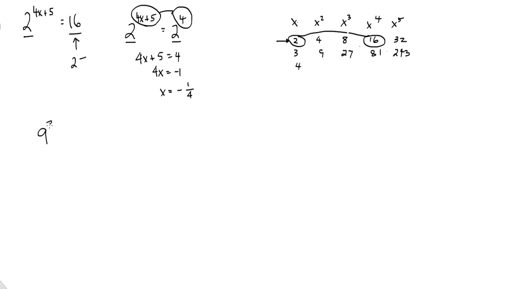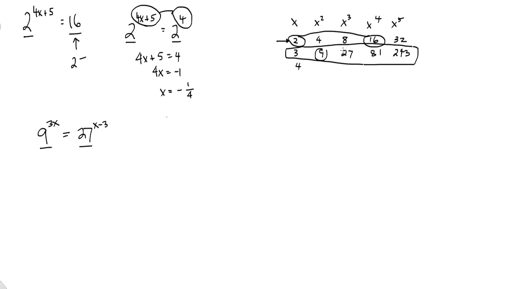How about 9 to the 3x equals 27 to the x minus 3. Again, we want to know, can we write these two numbers to the same base? Well, 27 can't be written as a power of 9. There is no integer power of 9 that's going to give me 27. So if you have this chart, and this is why this chart's handy, find a row that has both 9 and 27 in it.